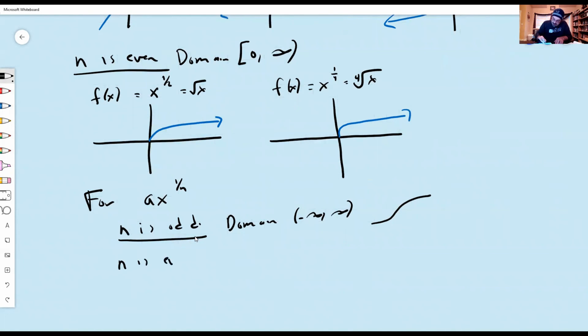If n is even, the domain is 0 to infinity, and it'll just be half of this curve up here.